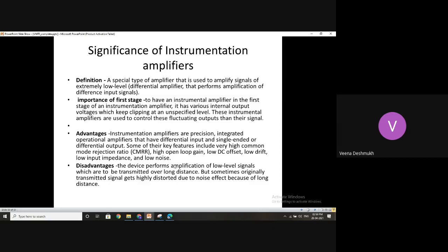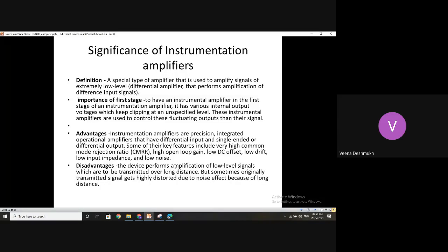That is why we use the term difference gain. In the common mode rejection ratio also, our definition is the ratio of difference gain to common gain. So when two different inputs are given at the two input terminals of the op amp, that gets amplified. That is the meaning of difference input signals and difference gain.